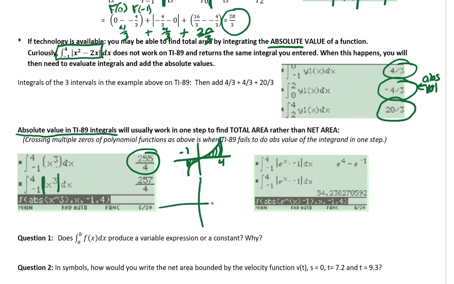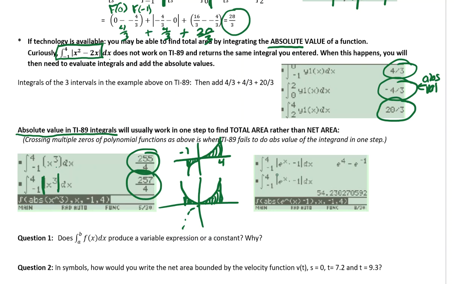So remember what absolute value does to that curve is it flips the part that used to be negative up to be positive. So the absolute value serves the purpose of taking any y coordinates and moving them above the x-axis. So notice that our integral got larger when we did the absolute value function.